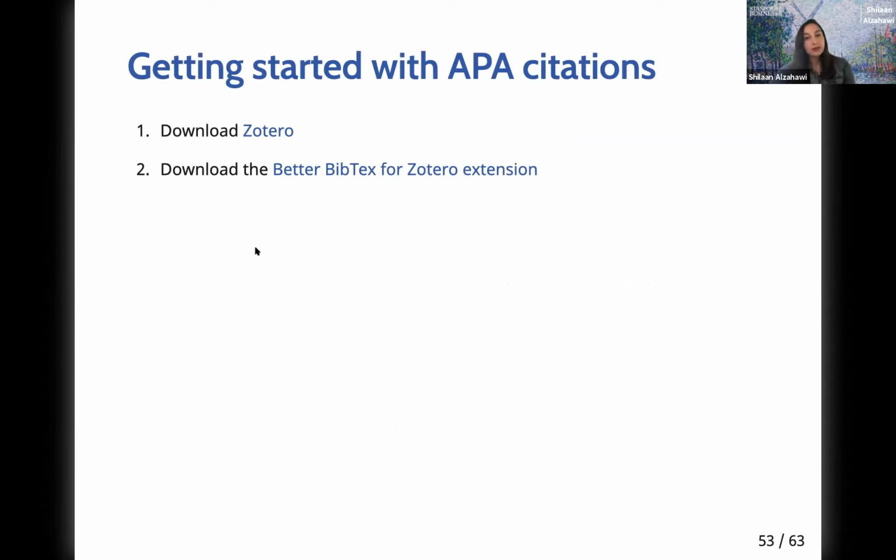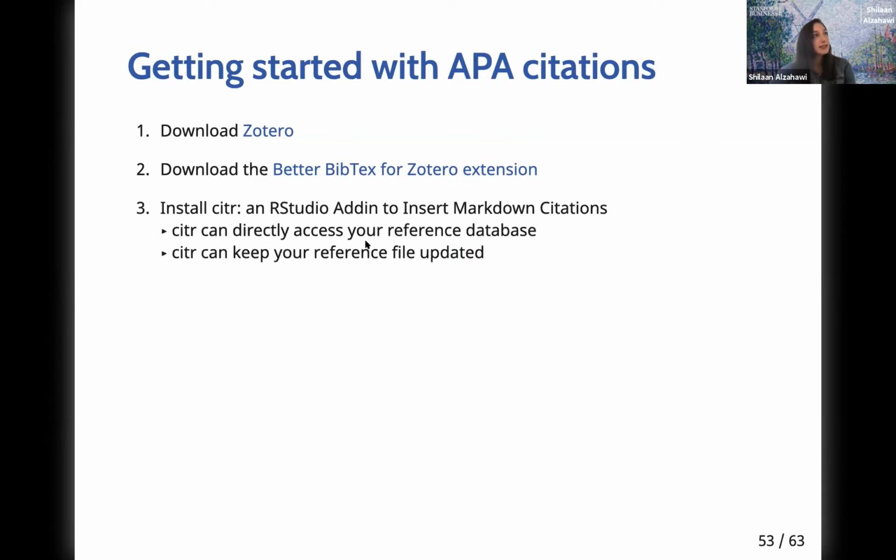After you've downloaded Zotero, I recommend that you also download the Better BibTeX for Zotero extension, which allows you to change your cite keys. So sometimes you'll want to refer to a paper as at Abi Esper 2018 or 2019, whatever you want. So you can manually change your cite keys.